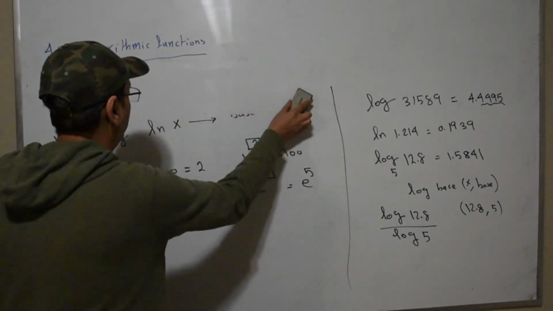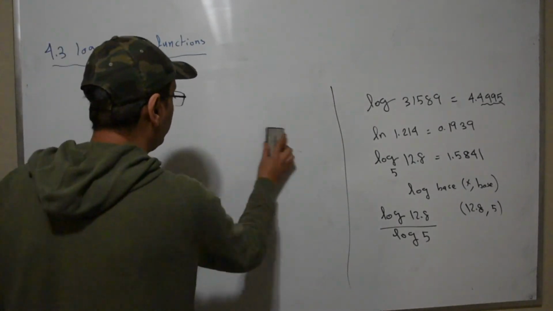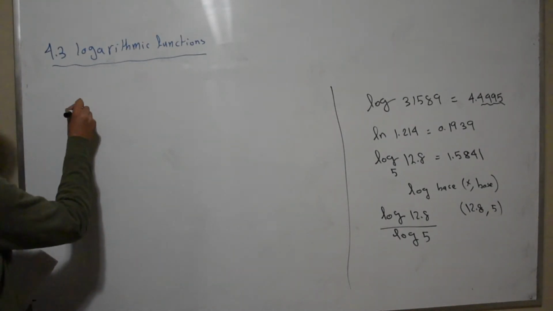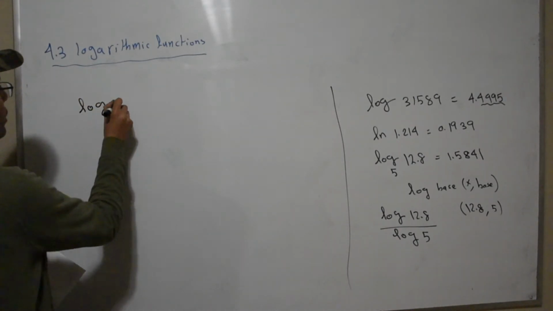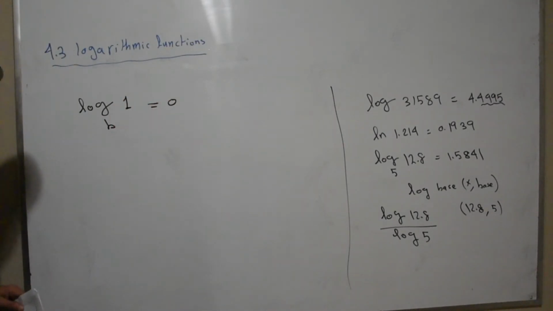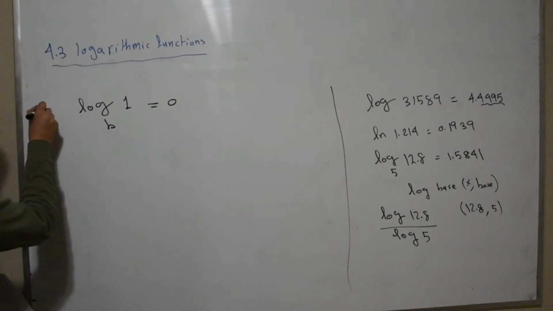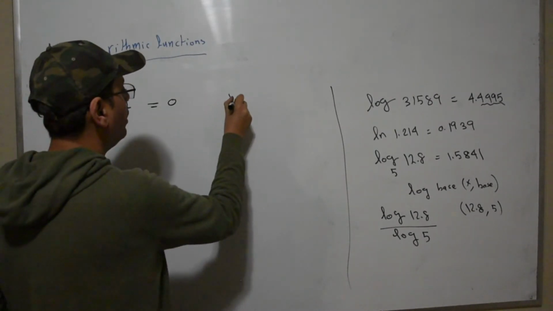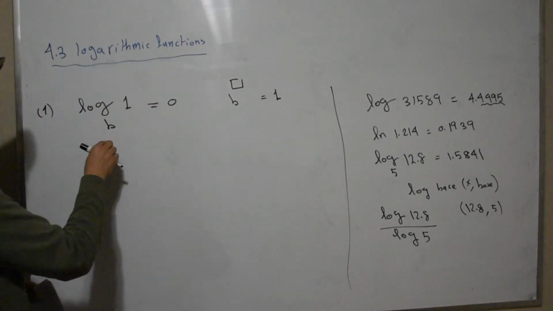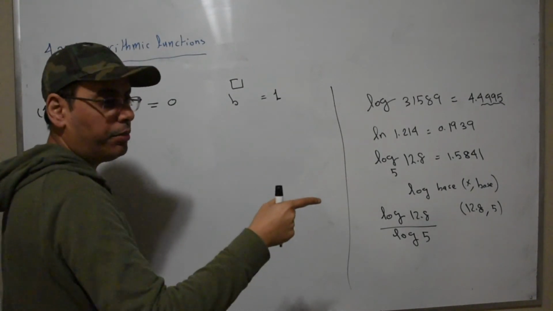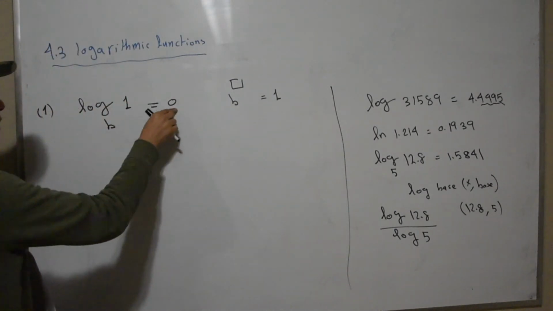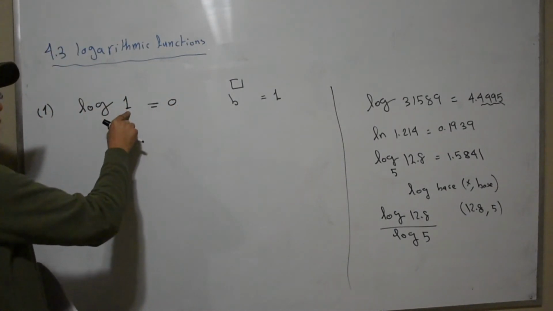The first property: log base b of 1 equals 0. This property comes from b to what power equals 1. I have talked about that before, that b to 0 must be 1. That's why the answer is 0. b to 0 is 1.